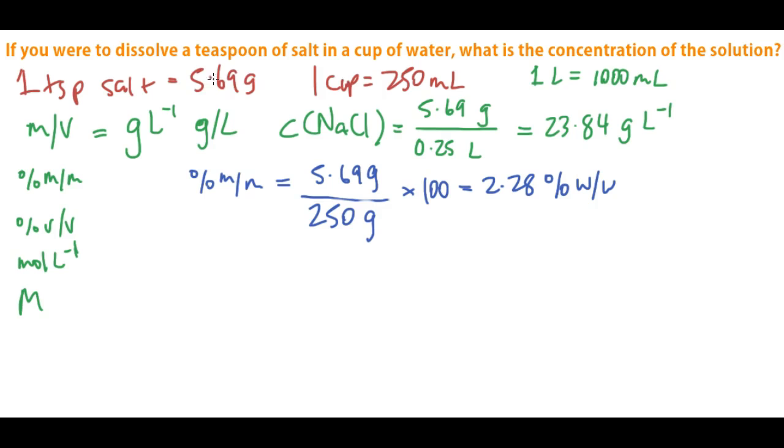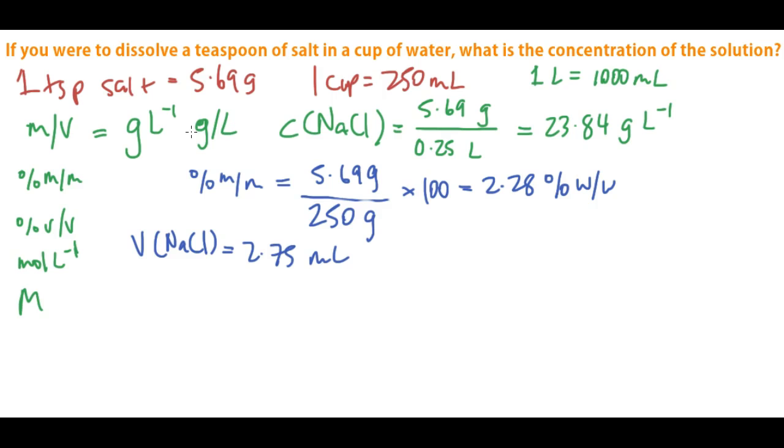So if we found out that 1 teaspoon of salt is 5.69 grams, then the volume of our salt is actually about 2.75 mL.